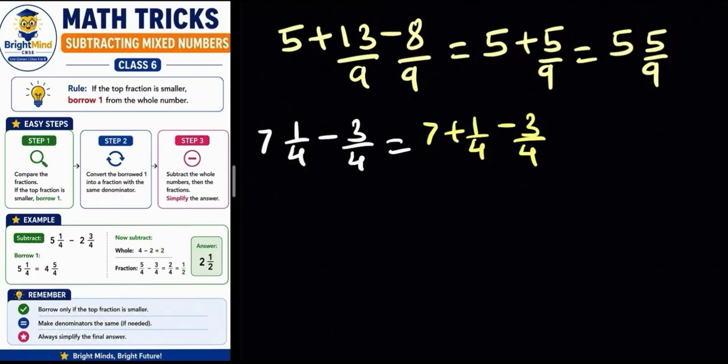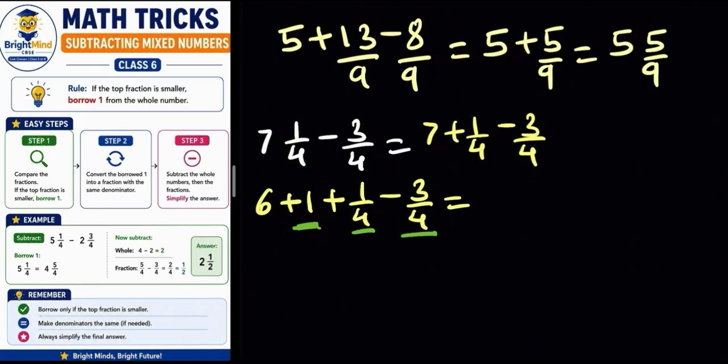In this case it will become 6 plus 1 plus 1 by 4 minus 3 by 4. So here we replace this 1 by 4 by 4, because the denominators are the same. Okay, so we just replace the number.